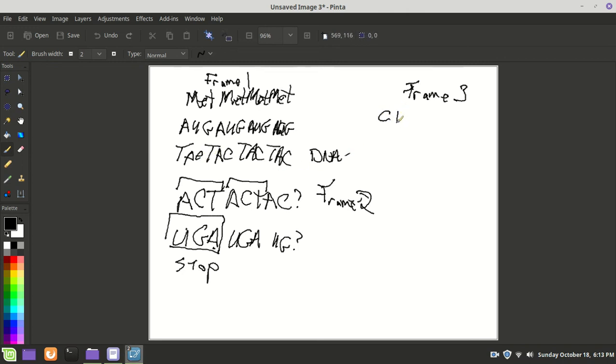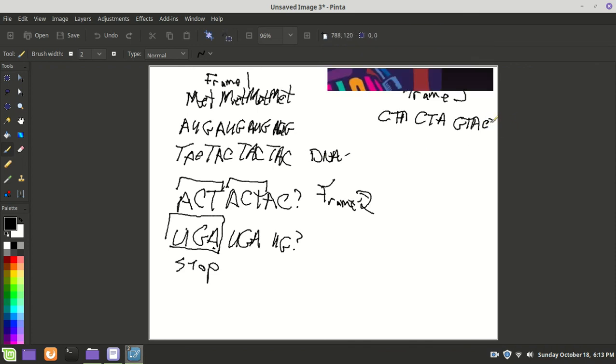So we would get CTA, CTA, CTA, CTA, one more C there, but we don't know what the last two are down here. So this would be our new reading frame. We call these reading frames, so the parts that get read.